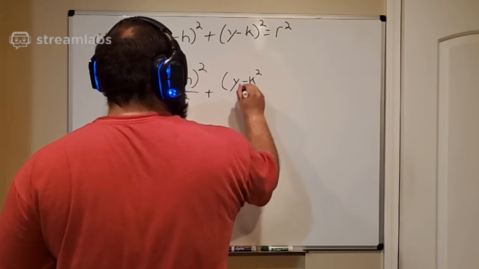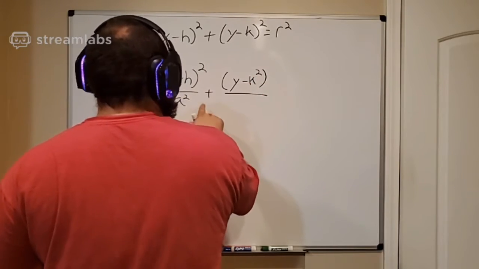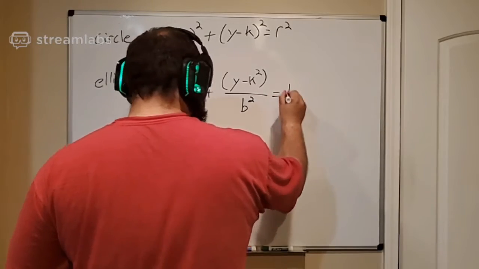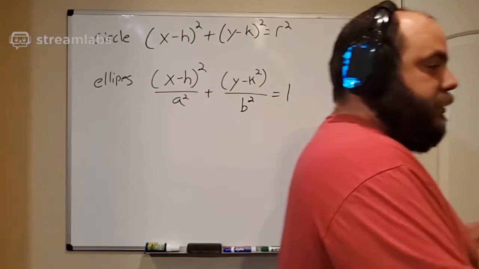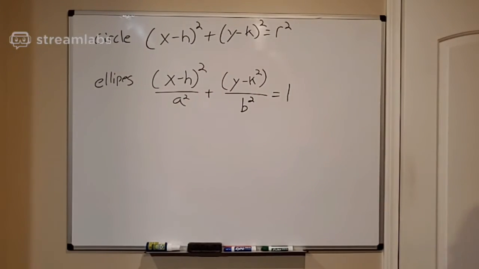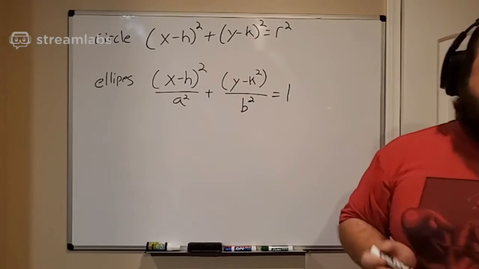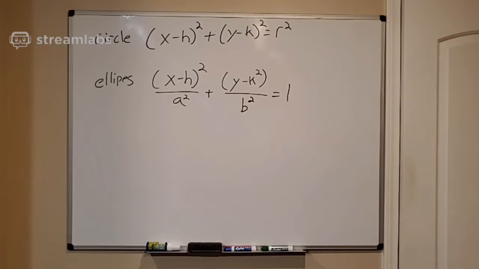Gotta be careful. Is it equal to 1? Oh, yeah. Correct. So the other major difference is that it's equal to 1. The a and b values are actually going to come from dividing by the r value that would have been there on a circle. So when we divide by that, that creates those a and b values. That's why we have to have it equal to 1, so we know what the a and b are.